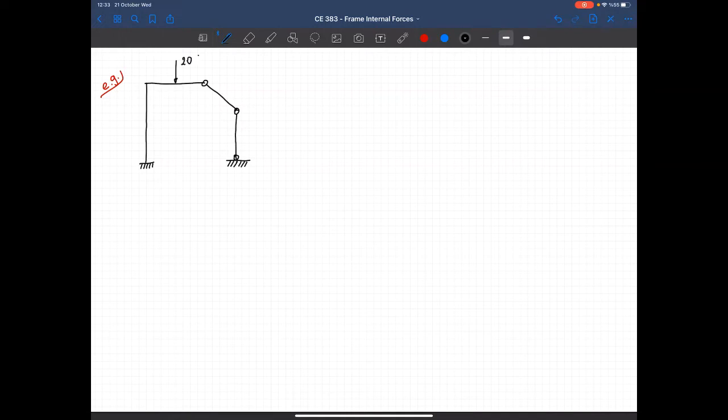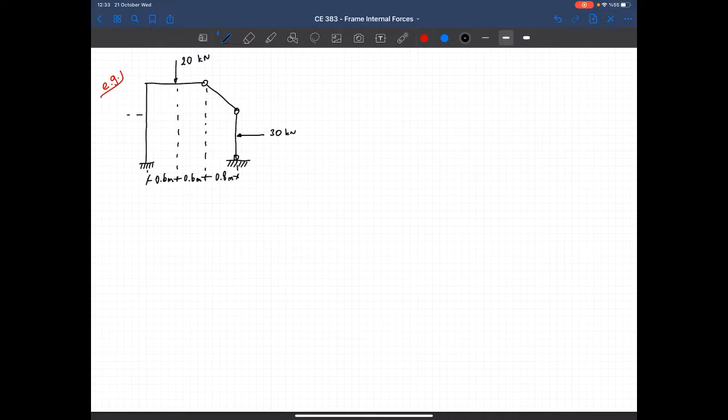This is 20 kilonewtons, so this distance is 0.6 meter, 0.6 meter. That distance is 0.8 meters. I have a point load also here in the horizontal direction. That's 30 kilonewtons.